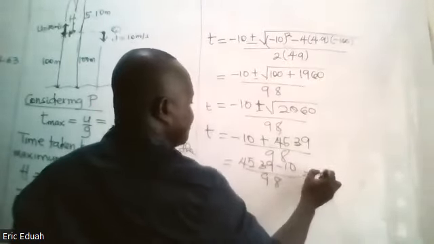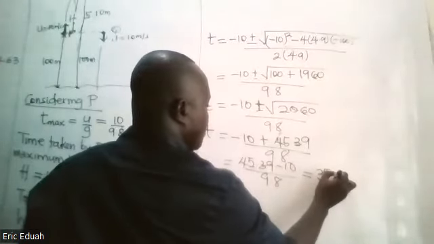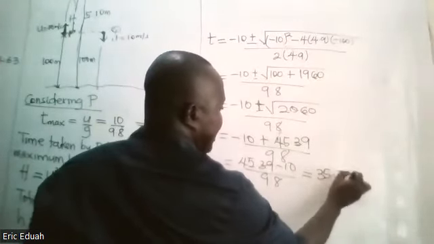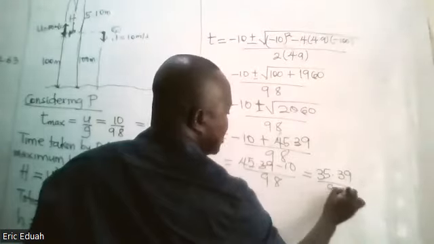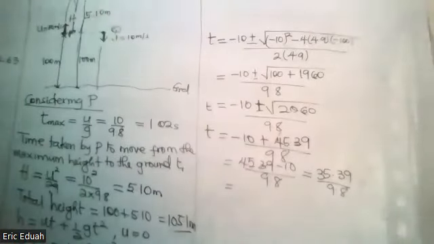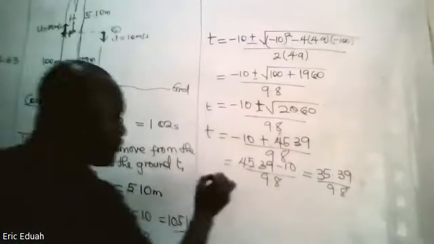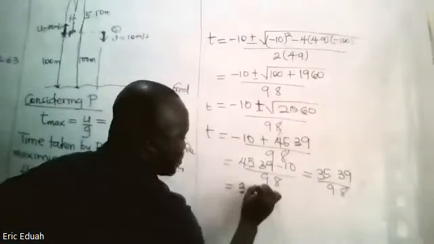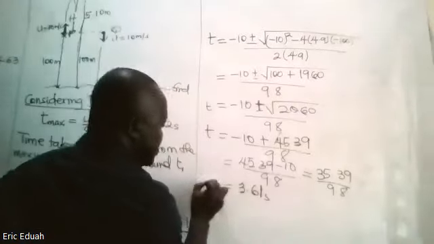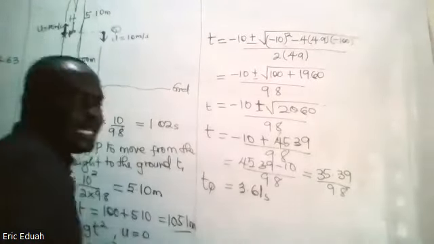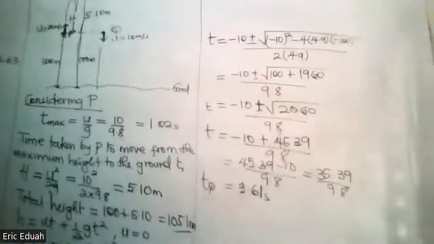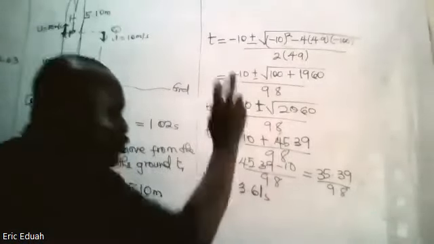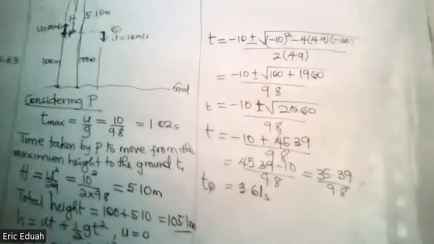So we have 35.39 divided by 9.8, which is 3.61 seconds. So this is TQ, the time taken by Q to drop on the ground.